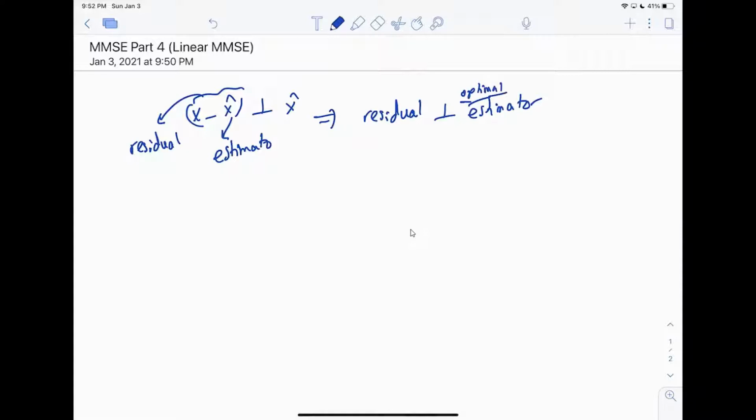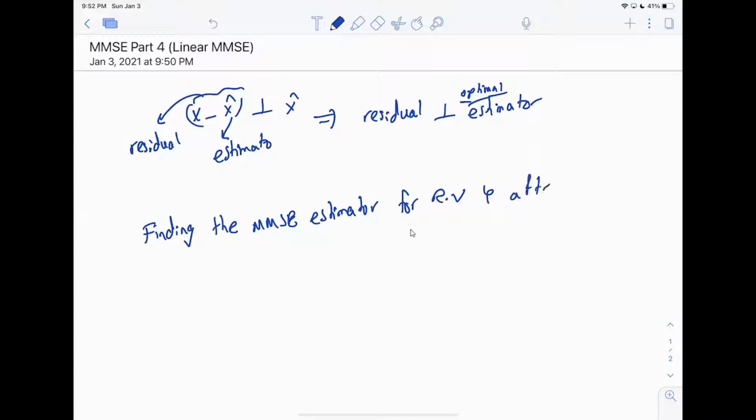Right. And after that we talked about the MMSE estimator of a random variable, let's say y, after observing that x is equal to little x. So finding the MMSE estimator for random variable y after observing x equal to little x.